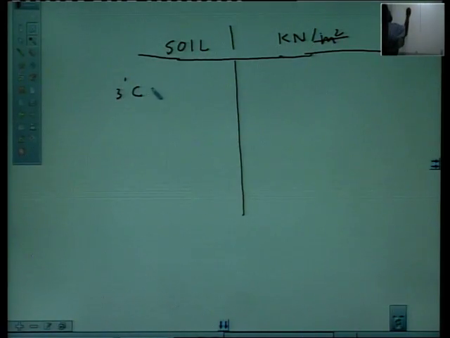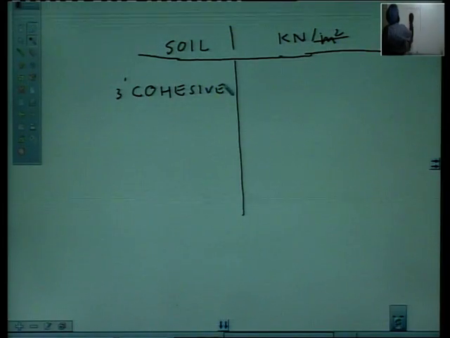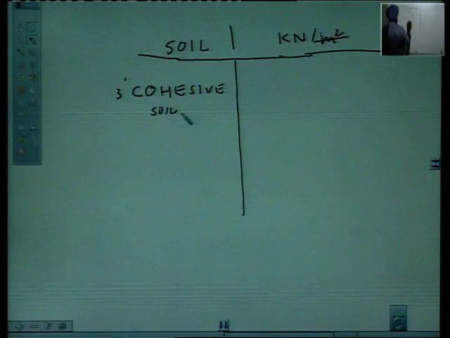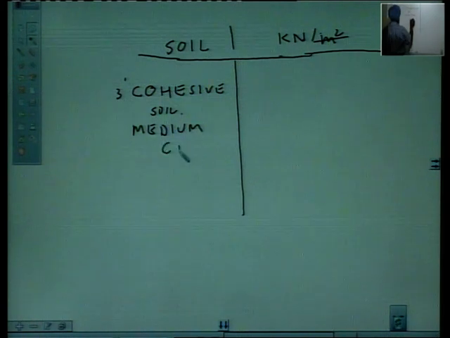Cohesive soil, medium clay, it's having bearing capacity 250.